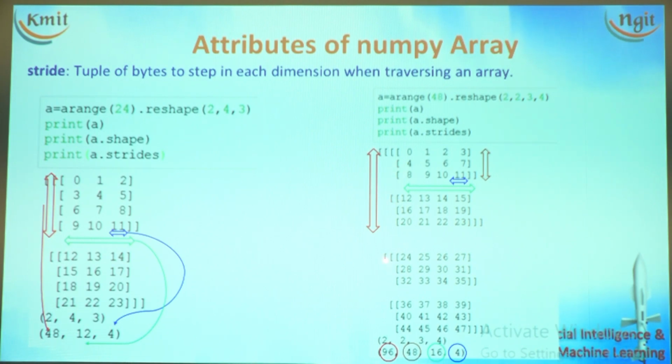And then to move from one dimension to another, 48 plus 48, 96. Everybody, stride is clear to you even in 4 dimensions, right? In 4 dimensions, you have x, y, z and say k. So first will be the kth dimension, then z and then x and y. Okay? Right.